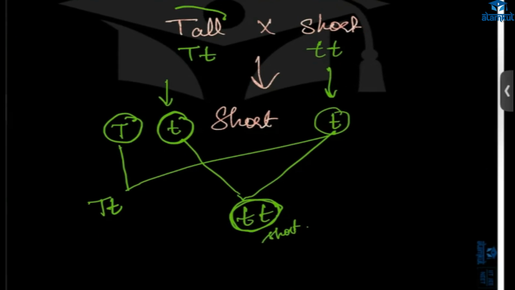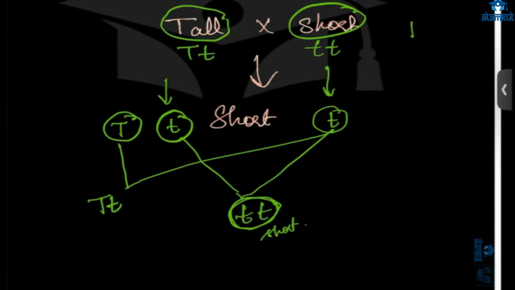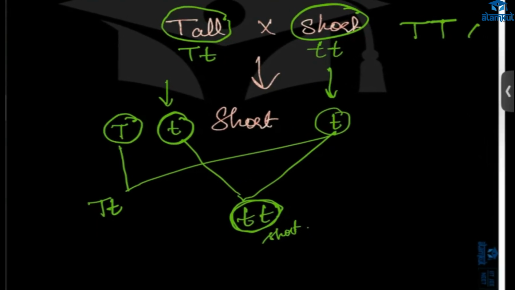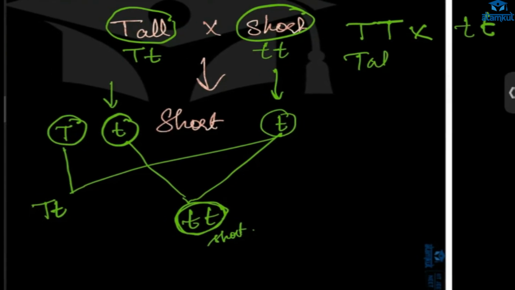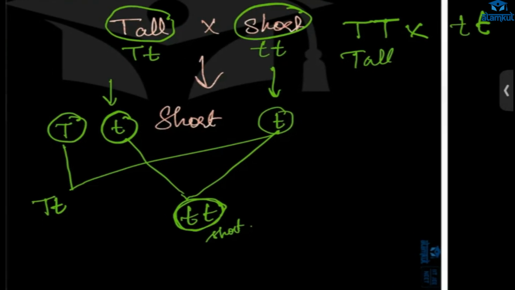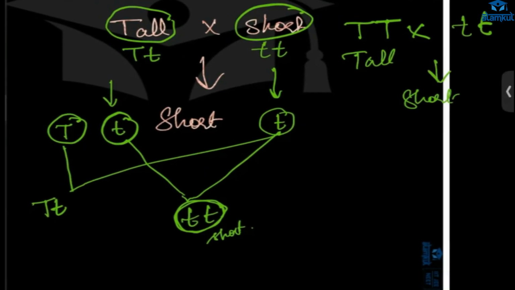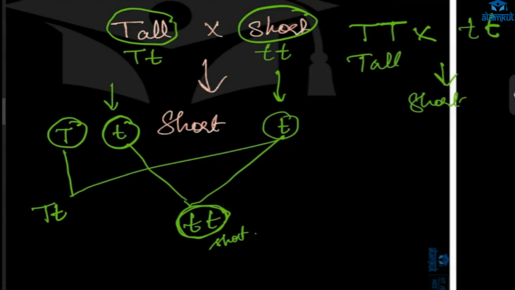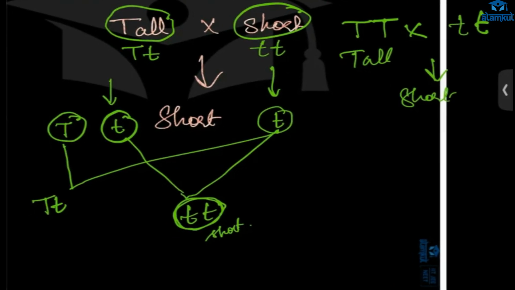If the tall genotype is TT and the other is fully short, tt, when you cross them, you will always get tall.